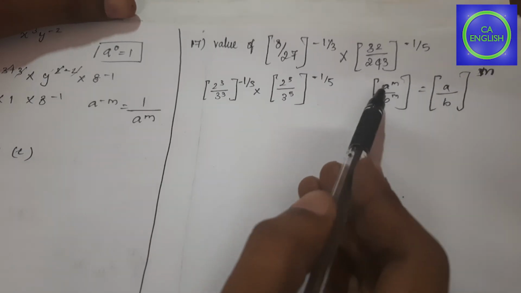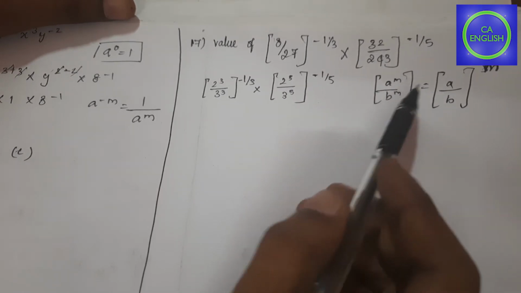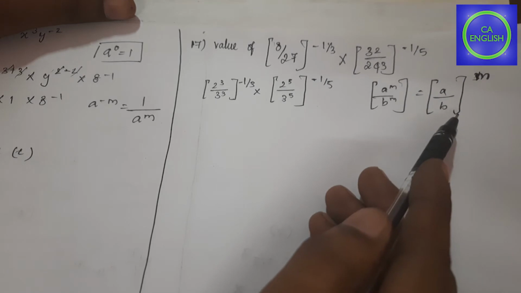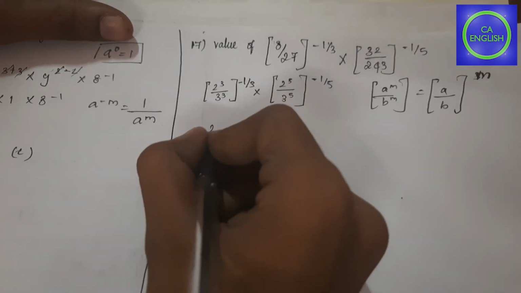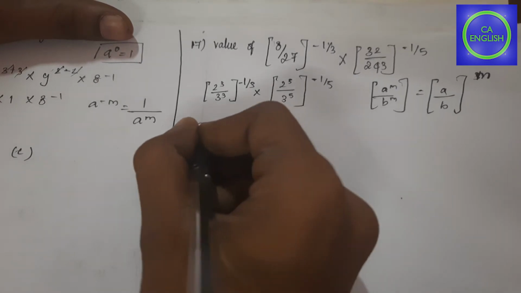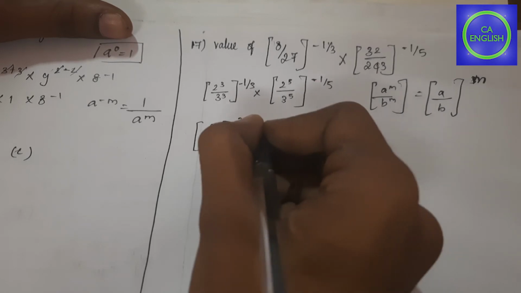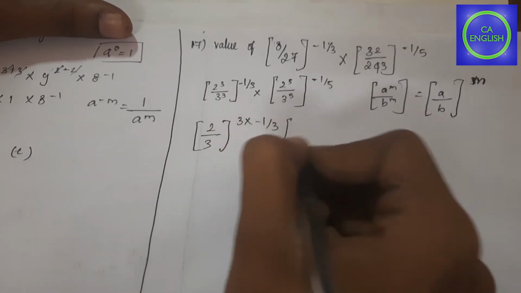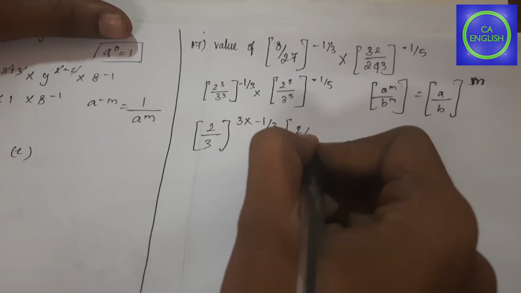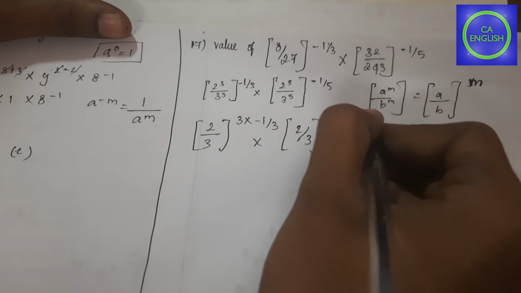Next we are going to use one law, that is a power m divided by b power m is equal to a divided by b the whole power m. Now write using that formula. 2 by 3 the whole power 3 into minus 1 by 3 into 2 by 3 the whole power 5 into minus 1 by 5.